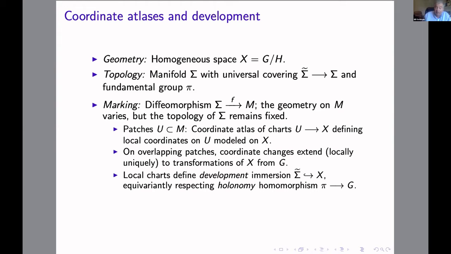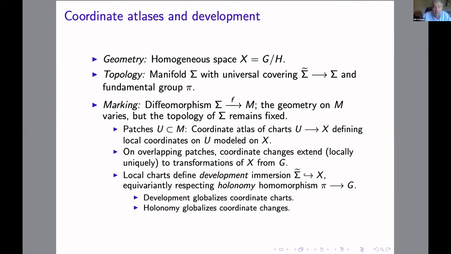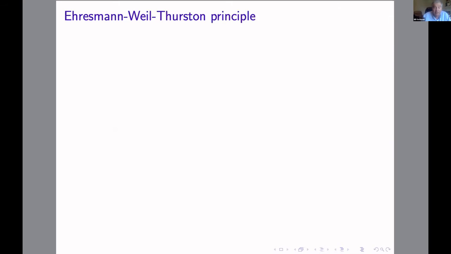That can be unwound to give a map, which is a local equivalence from the universal covering space, and a representation of the fundamental group by deck transformations acting now through G on X. The development globalizes the coordinate charts, and the holonomy homomorphism from the fundamental group globalizes the coordinate changes.